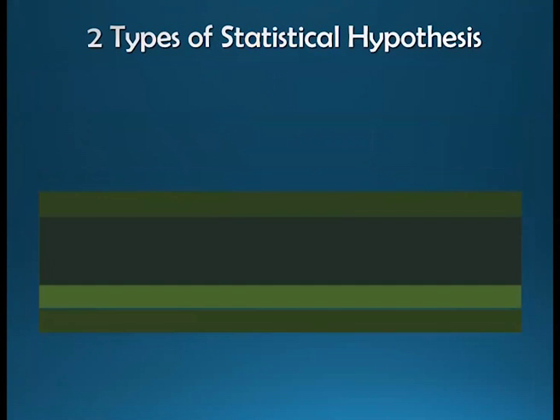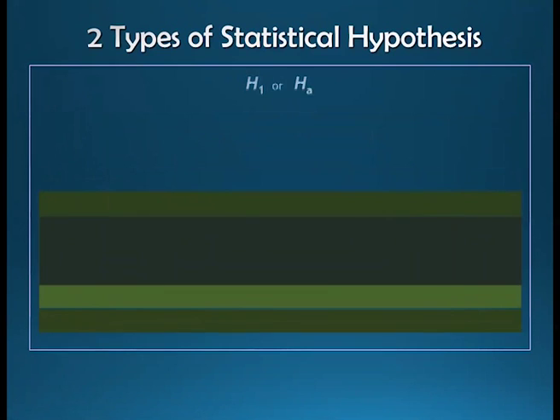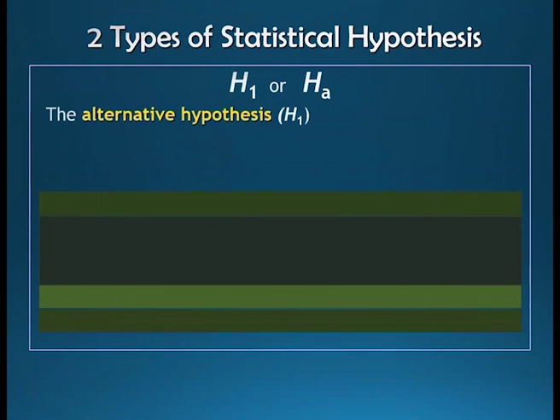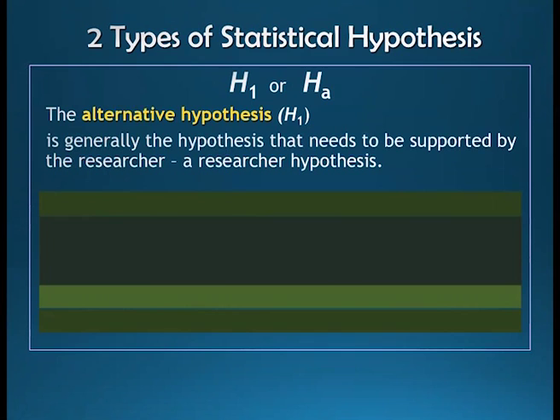What about the alternative hypothesis? The alternative hypothesis is denoted by H1, or sometimes you can also use HA. It is generally the hypothesis that needs to be supported by the researcher, and sometimes it is called a researcher hypothesis. It is the opposite of the null hypothesis.